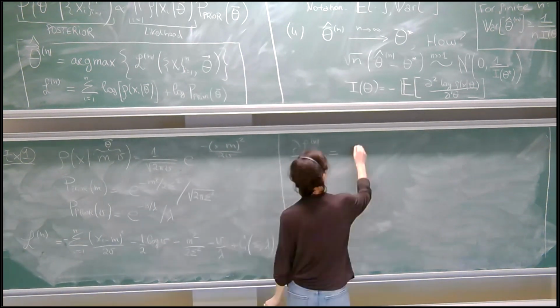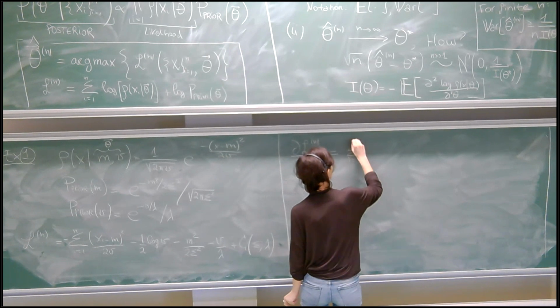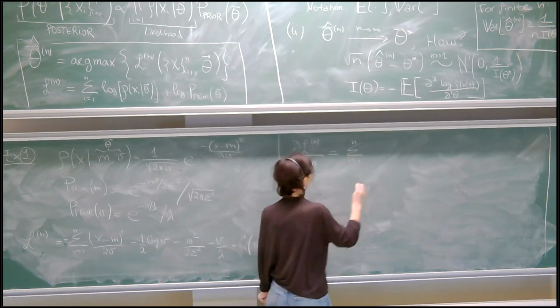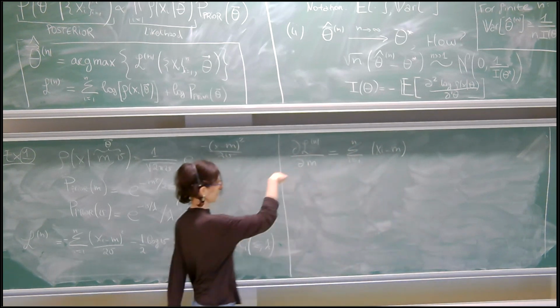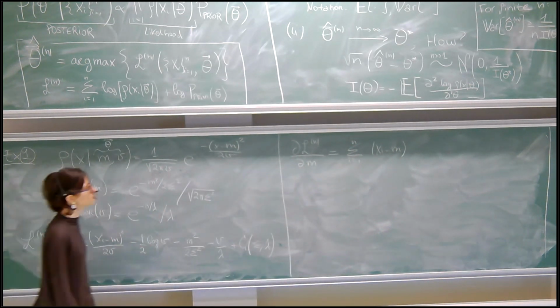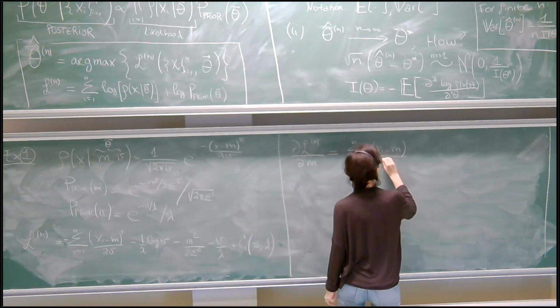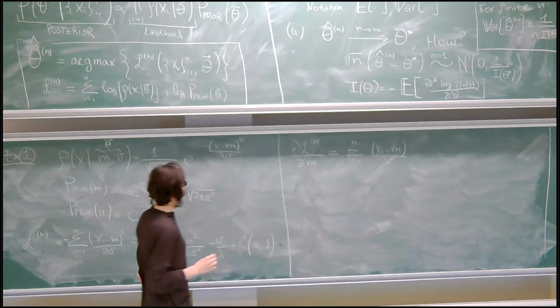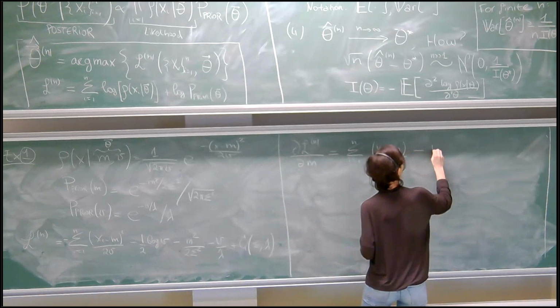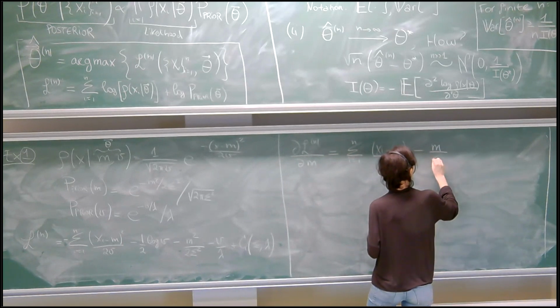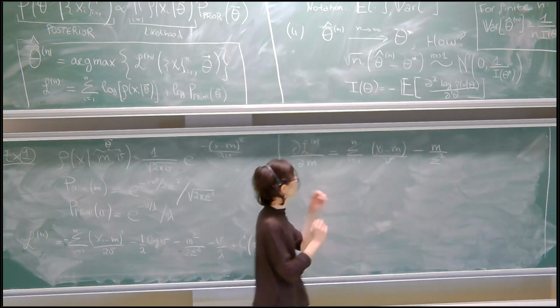So I'm left with the sum from i going from 1 to n of xi minus m. I bring down a factor of 2, which cancels with the 2, so everything is divided by v. And then the other term will give me minus m over Sigma squared.